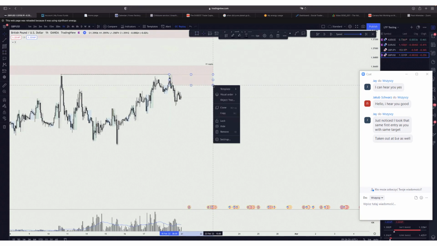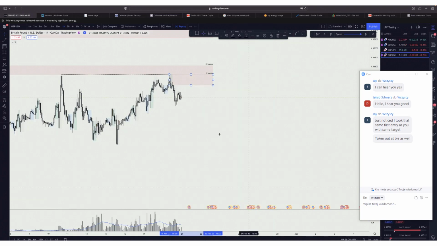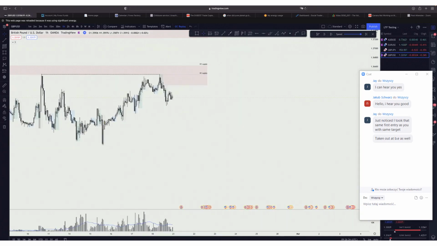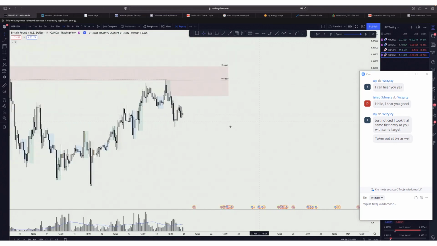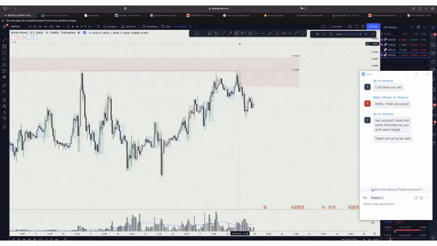It does have equal highs above, so potentially they may get liquidated. So I think that would be my markup for the supplies.